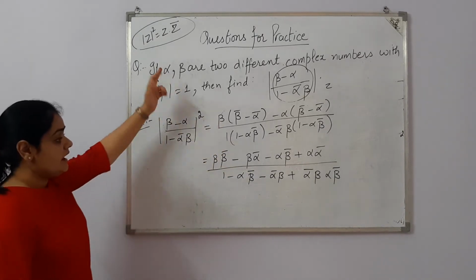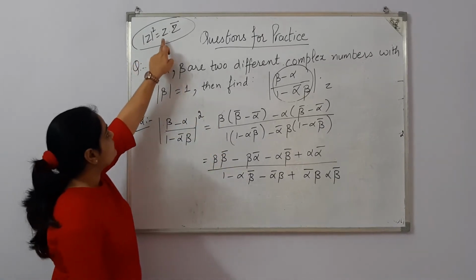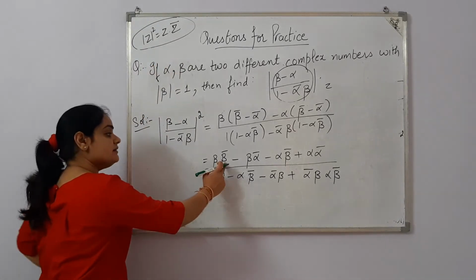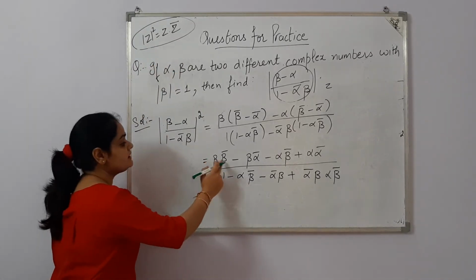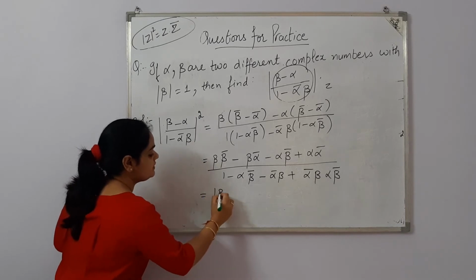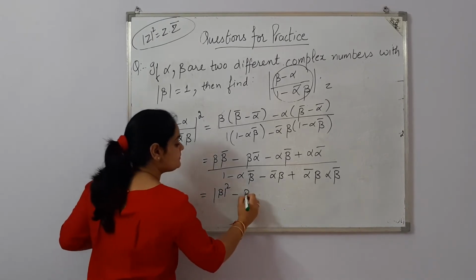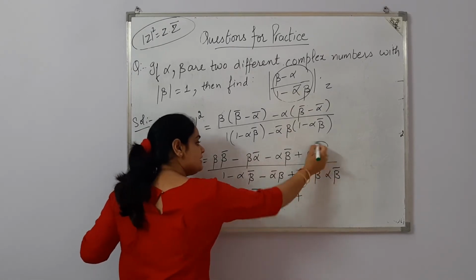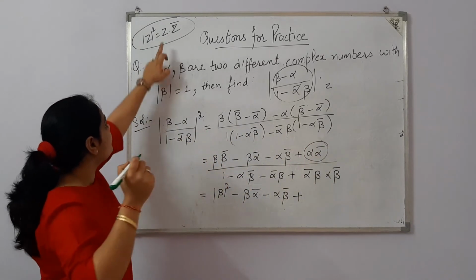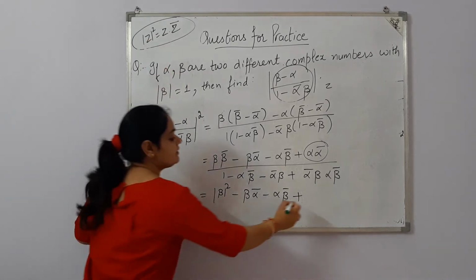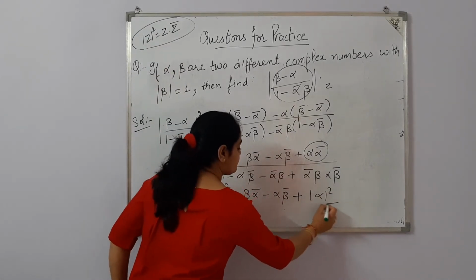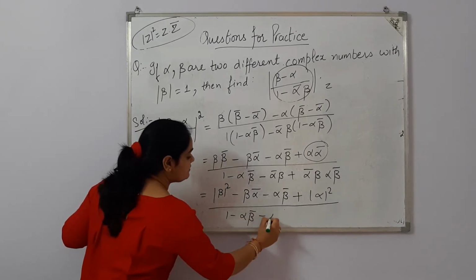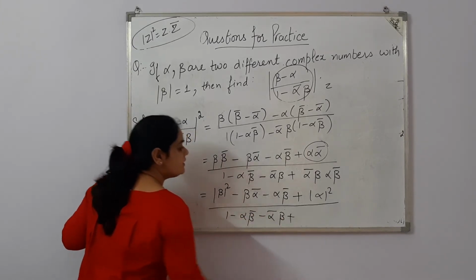Now again we'll apply this relation: Z into Z conjugate is Z's modulus square. Here beta is also a complex number, so beta into beta conjugate is beta modulus square. Same in the case of alpha conjugate, so alpha into alpha conjugate is alpha modulus square.